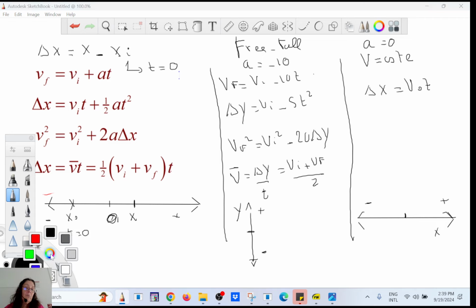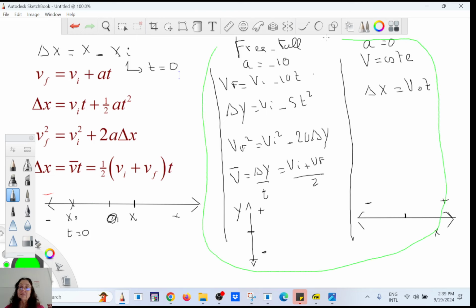So for projectile motion, you are using only those two sets of equations. For any other types of motion, if it's free fall, you are using this. If it's uniformly accelerated, you are using that. And if it's moving at a constant velocity, you are using this. Okay? So it's just a review.